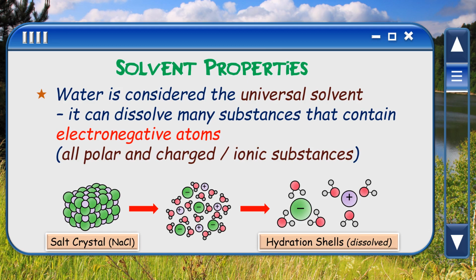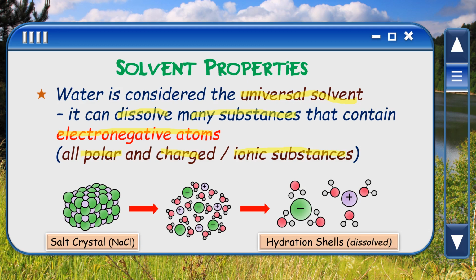Because water can dissolve many substances containing electronegative atoms, it is considered to be a universal solvent. It can dissolve polar and charged or ionic substances.